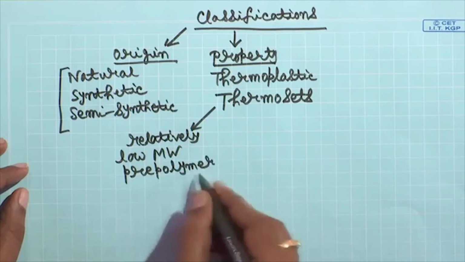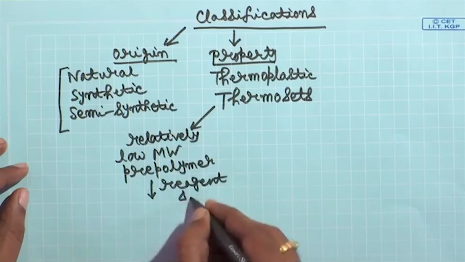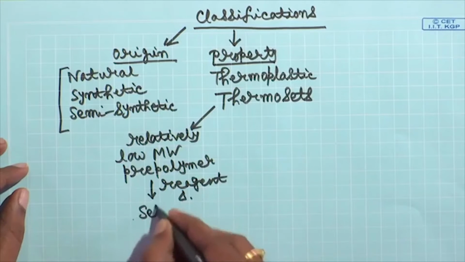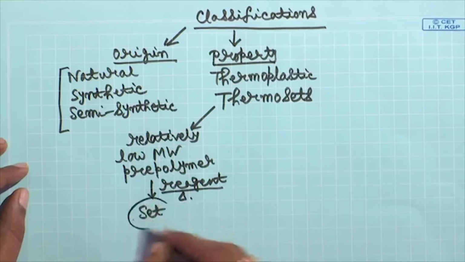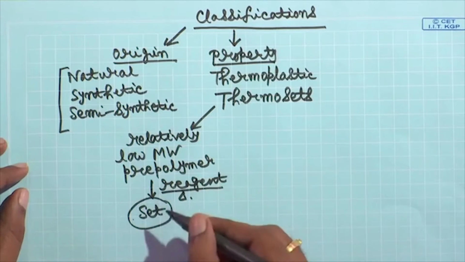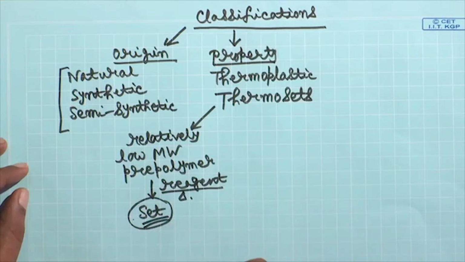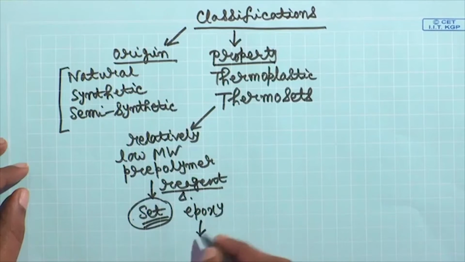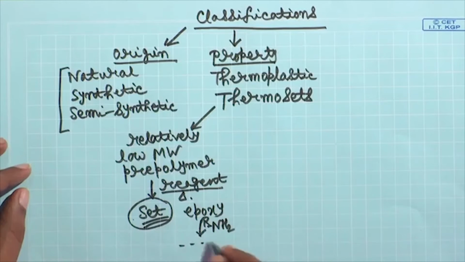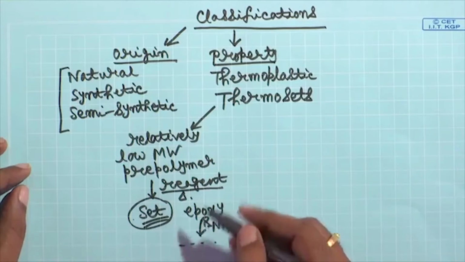Then this material you treat with some reagent, maybe you heat the material also, and then it becomes set into a particular structure. So, basically this reagent helps it to cross link. When you have extensive three dimensional cross linking between different polymer chains, it gets set into this particular structure. So, that is called thermoset. An example could be the reaction of epoxy with amine, and then you have materials where we have cross links. So, those are thermoset materials.